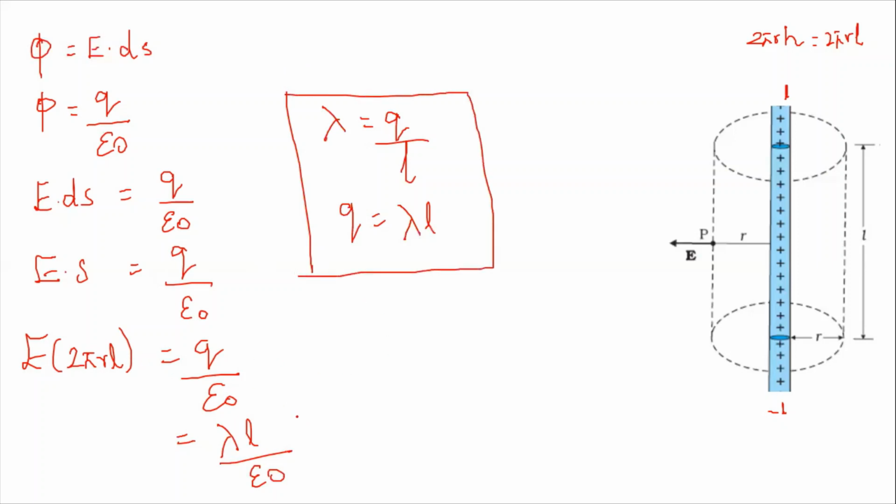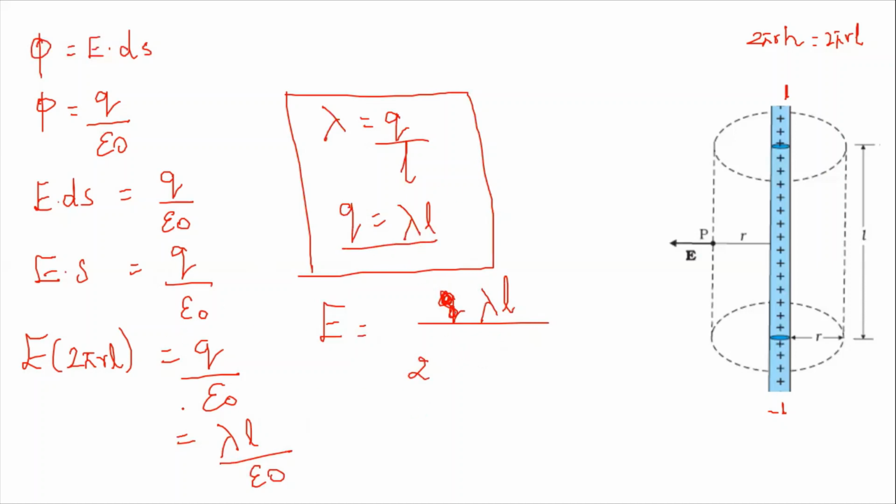Now we are going to calculate the electric field, so keep the electric field separately. We have to substitute lambda L here, because Q is equal to lambda L, as we have seen.